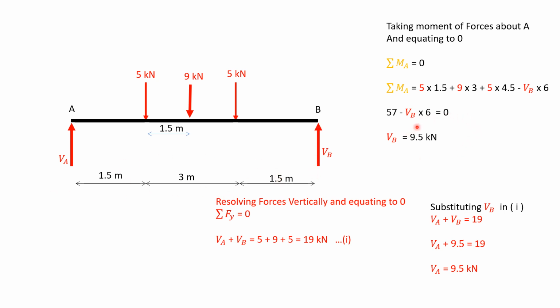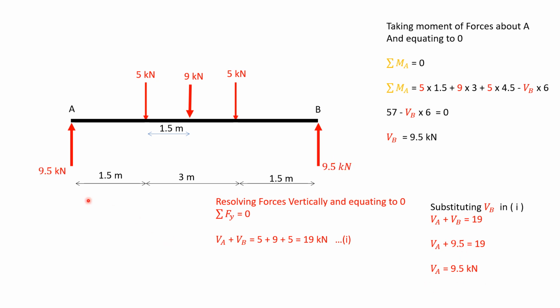So we get an equation in VB, and calculating for VB, then substituting the VB value in this equation, we get the VA value.